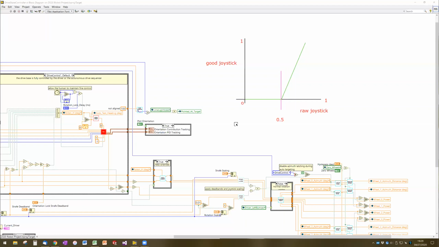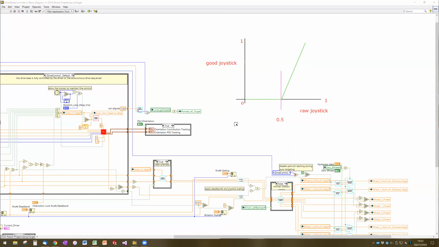Okay. So the other thing that tends to come up, not just in swerve drives, but in pretty much all drivetrains, is that generally the driver needs substantially more control at lower velocities than they do at higher velocities. Or the way I should really say that is, the driver would love if the programmers could give them very fine control at all speeds, and it would be their best friend.